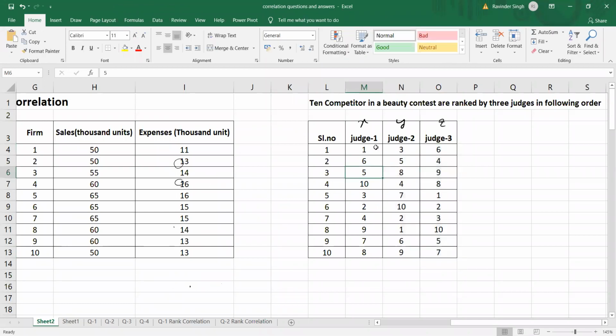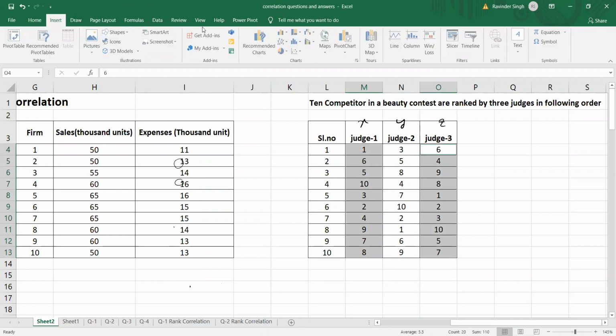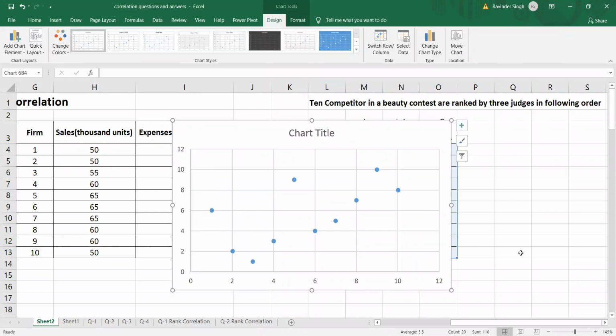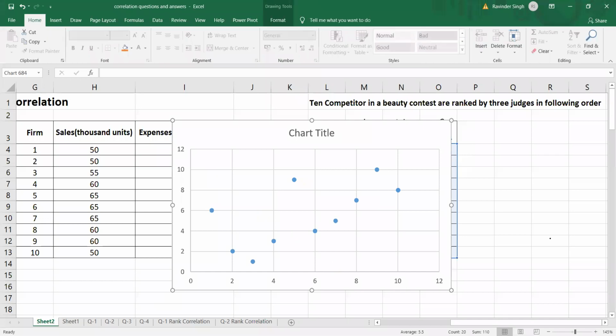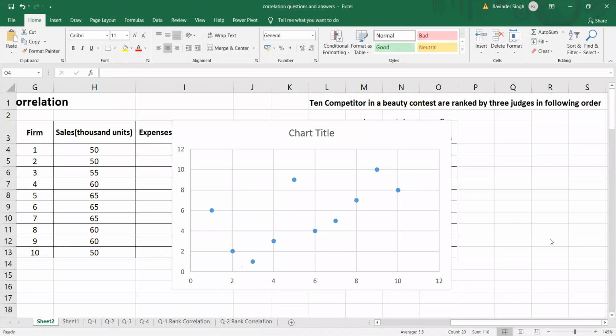But what about 1 and 3? For example, let's say X and Z, whether X and Z are correlated. So that also we will check. Yes, if you see X and Z, if I draw a straight line, the majority of the points will be covered. If you try to draw a straight line over here, the majority of the points are covered.